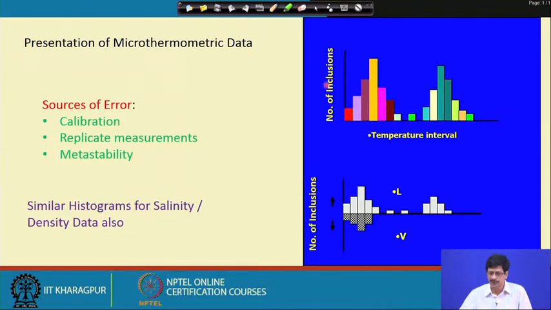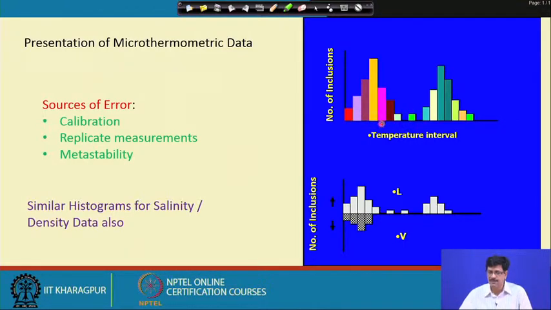Let us say, in the course of our data acquisition, we find that the salinity starts from very close to 0, let us say 0.1, 0.2 or 0.5, and can go up to 40, 50, 60, even 70% NaCl in many specific cases. Then we choose a class interval, calculate the number of inclusions falling in that particular class interval, and plot a histogram.